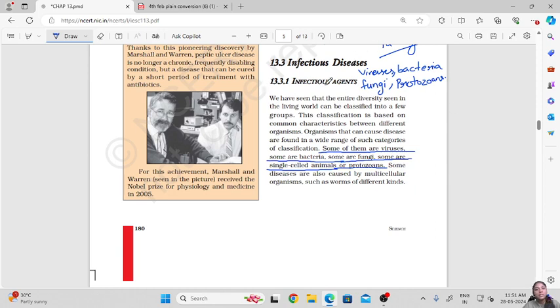Now all these are single celled organisms. Diseases can also be caused by multicellular organisms, meaning having more than two cells, such as worms of different kinds. So they can also be caused by multicellular organisms such as different kinds of worms.